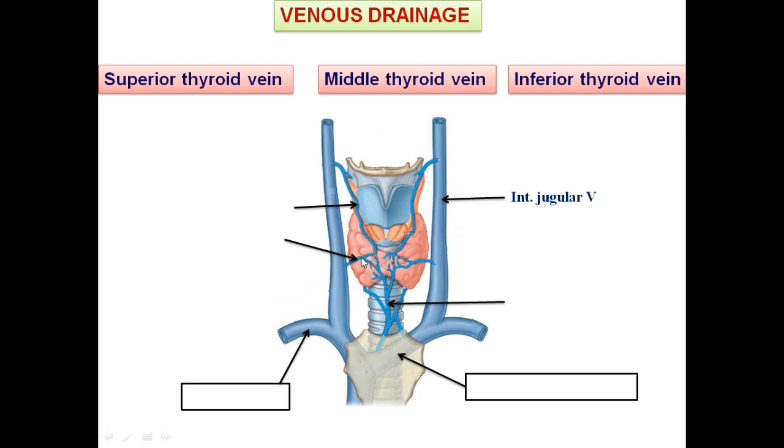The middle thyroid vein emerges at the middle part of the gland. It is a very short vein and enters the internal jugular vein. The inferior thyroid veins form a plexus, emerge at the lower border of the lobes and the inferior border of the isthmus, descend, and then drain into the left brachiocephalic vein.